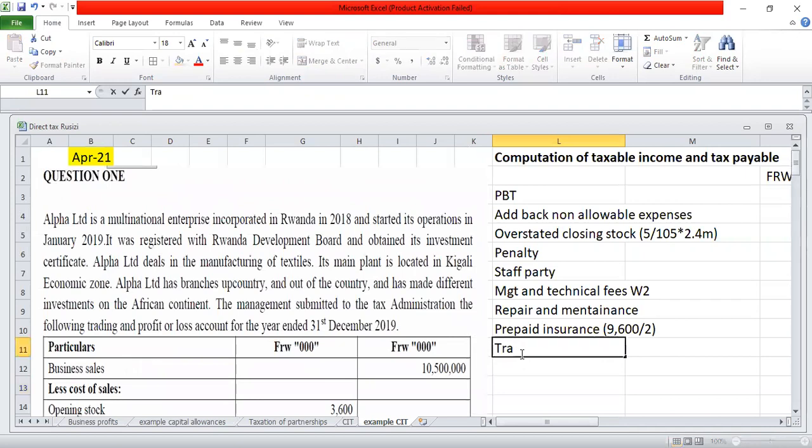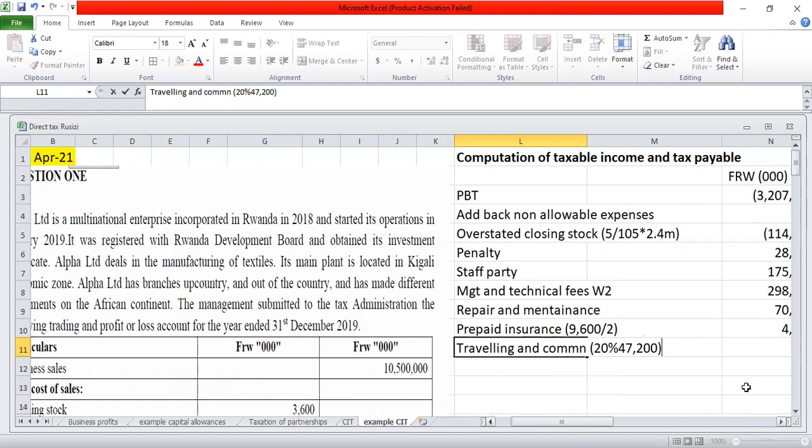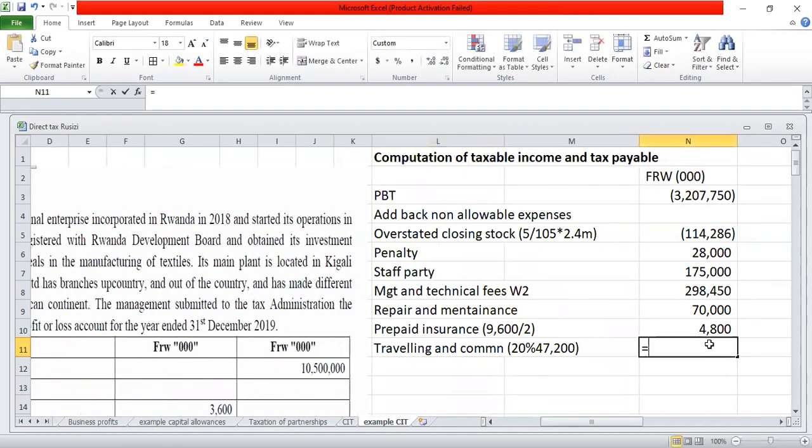Traveling and communication is going to be 20% because you cannot separate, times 47,200.